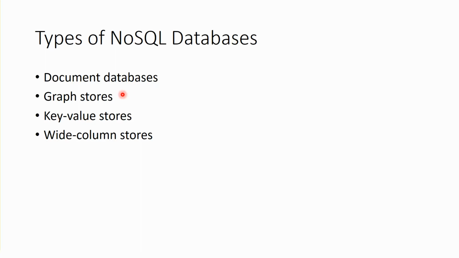Going to the next kind of database, which is a graph store database. This kind of database is mostly used in social sites, like, let's take the example of Facebook. A good example of a graph store database is Neo4j. It basically makes a network of data. It just connects the data and forms a network.